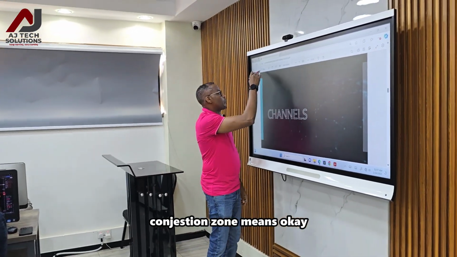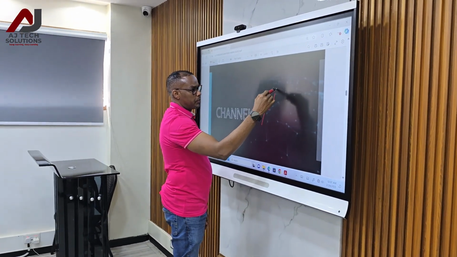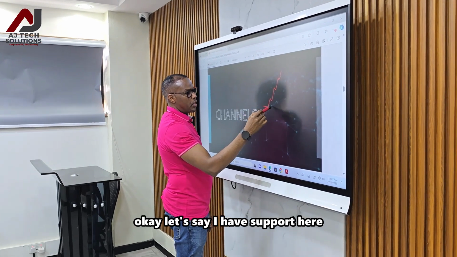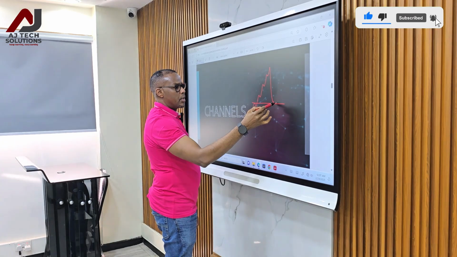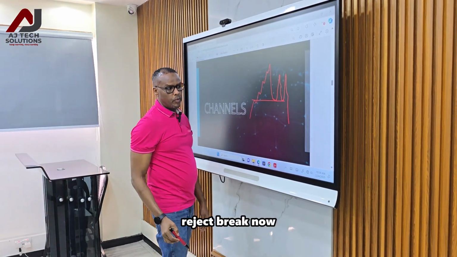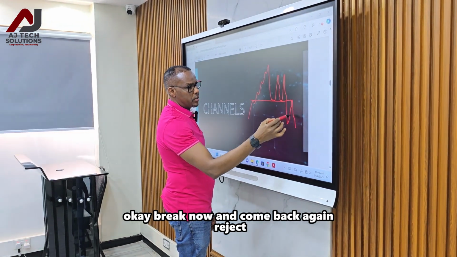Conjunction. Conjunction zone means, let's say this is the price. Let's say I have support here, and the price comes back here. Reject, come back again, reject, break now, and come back again, reject.